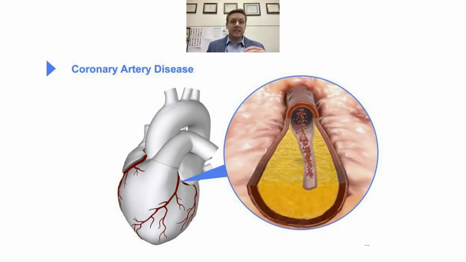And instead of being ischemic, meaning low on oxygen, you have none and you infarct, meaning that tissue necroses or dies from lack of oxygenation. And that's a myocardial infarct, or MI, or heart attack.